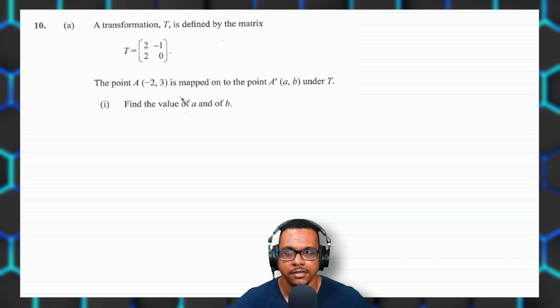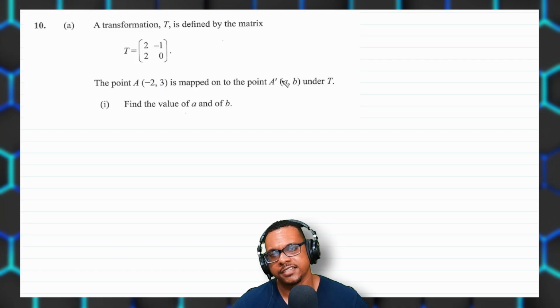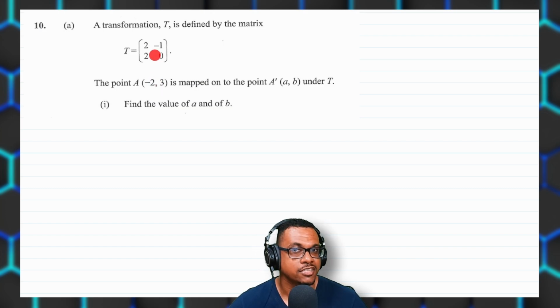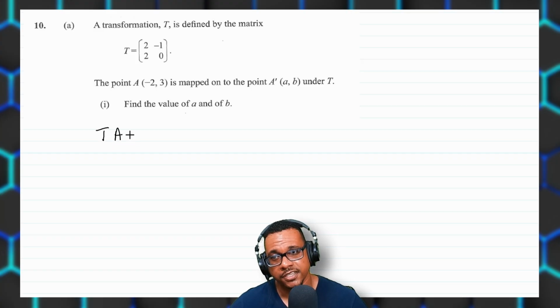So as I said, you are going to perform the transformation T on the object coordinates, which is A, and you're going to get your image coordinate, which is A prime. We have to write this coordinate as a column matrix to be able to multiply it with the transformation matrix. So the setup goes like this: your transformation matrix times your object coordinates will give you your image coordinates.